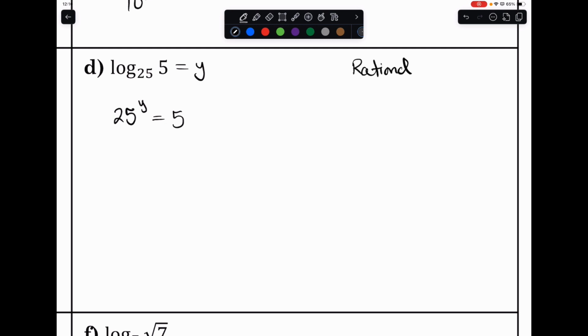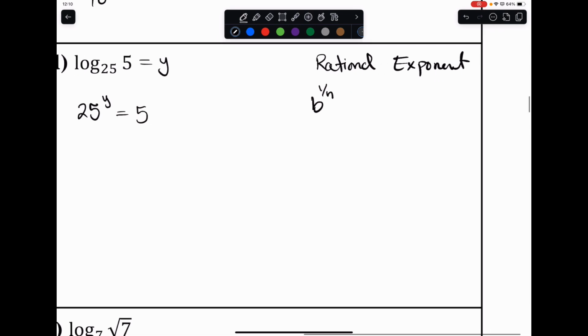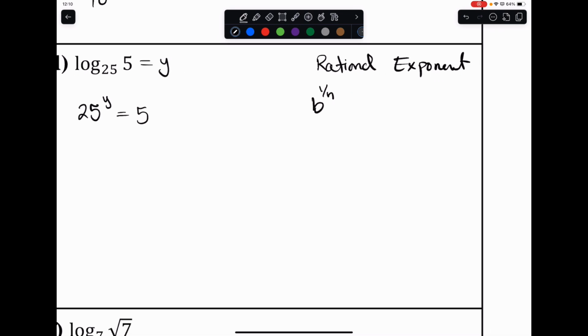Rational exponent: a rational exponent states that if I have a base and I'm raising it to 1 over n, so we have a rational exponent, an exponent that is a fraction, this is equivalent to simply taking the indicated root n of that base.